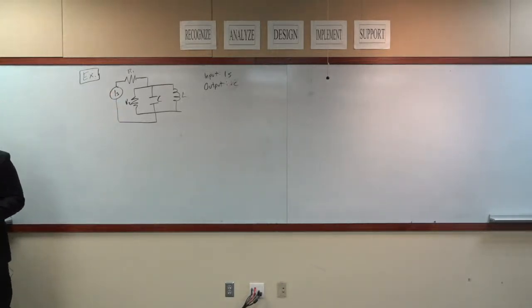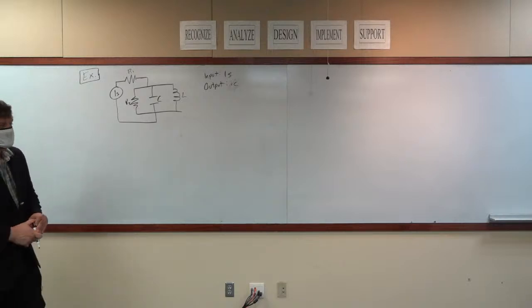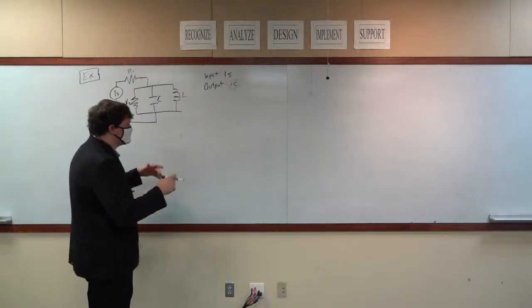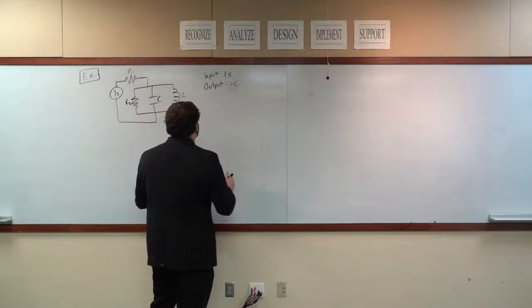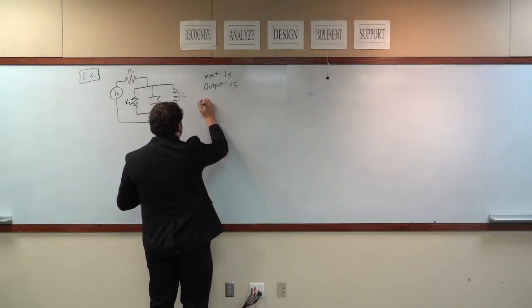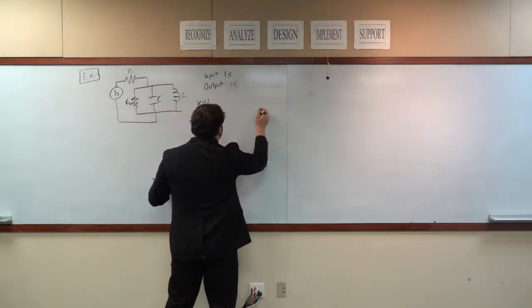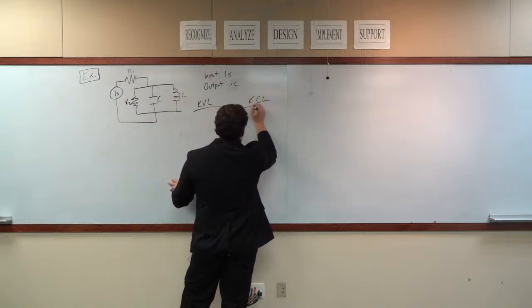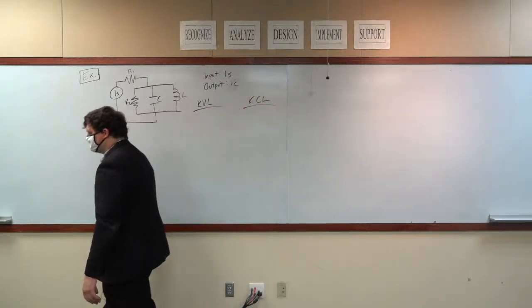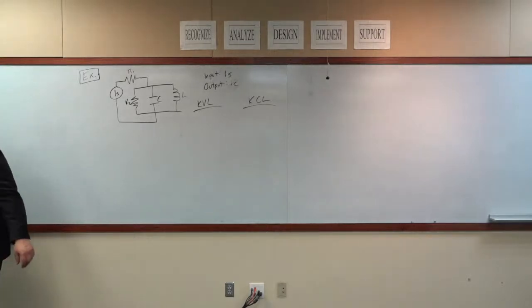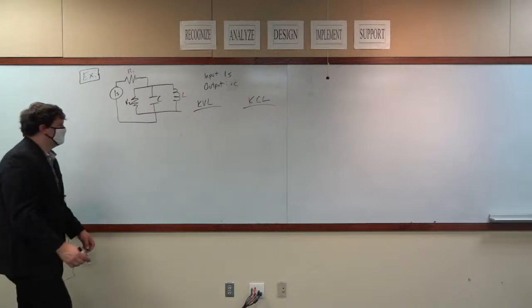How do we start? What is step one? KVL and KCL. That is our Newton's equations for electronic circuits. So we'll just go ahead and write down all of our equations because that's what we do. We end up using some of them. We don't use all of them. All right, where are we going to start with KVL? We'll say loop 1.